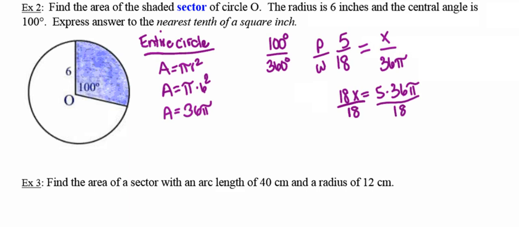If you want to, you can multiply that 5 times 36, but I already know from reading the question that I'm going to round this answer to the nearest tenth of a square inch. So I'm just going to plug this into my calculator: 5 times 36 times pi, that whole thing divided by 18. Rounding to the nearest tenth, it ends up being about 31.4 square inches.